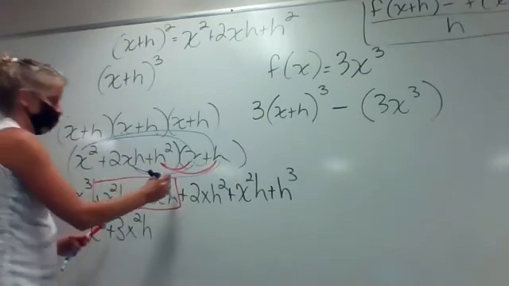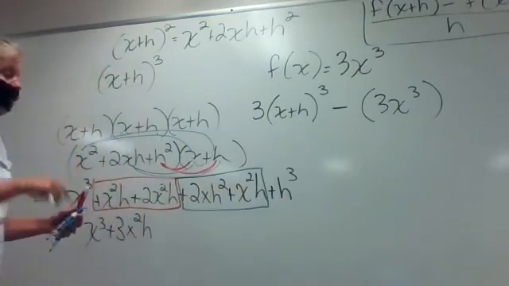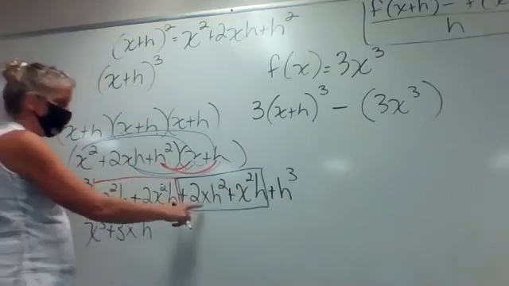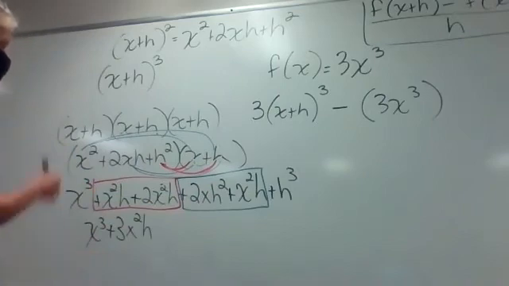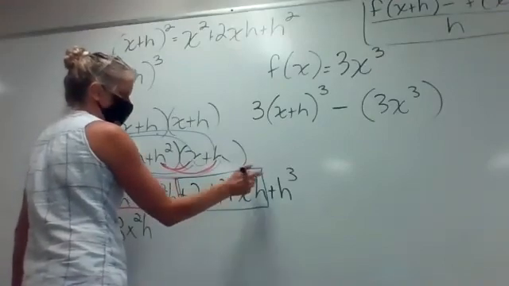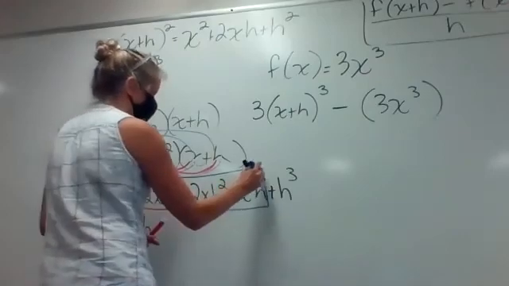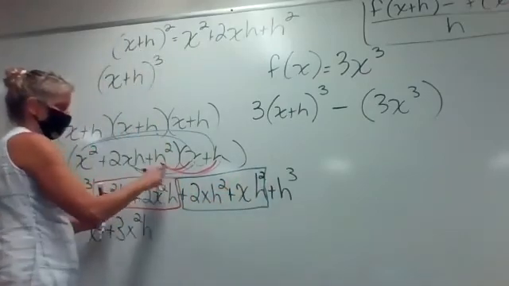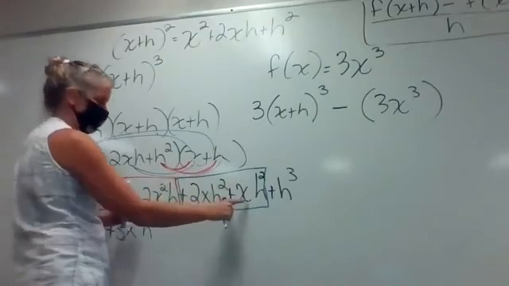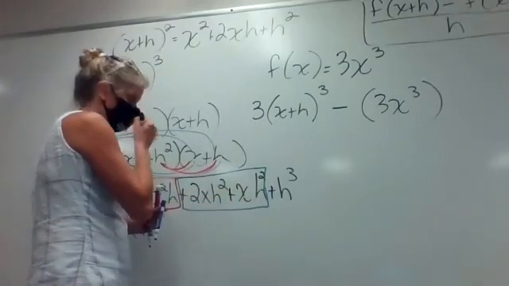Same with these. They don't look like like terms maybe, but uh-oh, I messed up. I wrote this one wrong. Did y'all notice that? Yeah. You did? No, I was wrong. Because that came from this, right? H squared x. So h squared x.